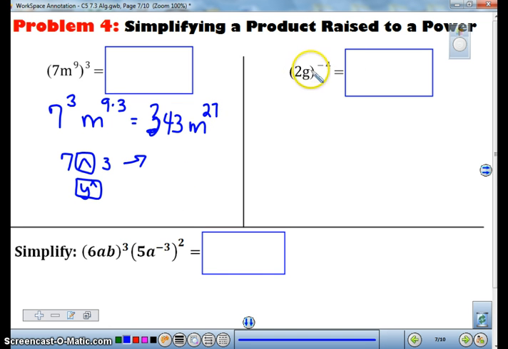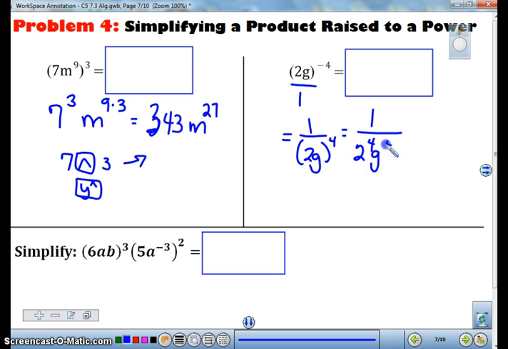Oh, negative exponent. First thing I like to do, we can't have negative exponents, so let's rewrite it. This is going to be equal to 1 over that whole parenthesis, 2g to the 4th power. Now we still have the 1 in the numerator. We're going to take 2 to the 4th and g to the 4th. g was to the first, so 1 times 4 does give us 4.